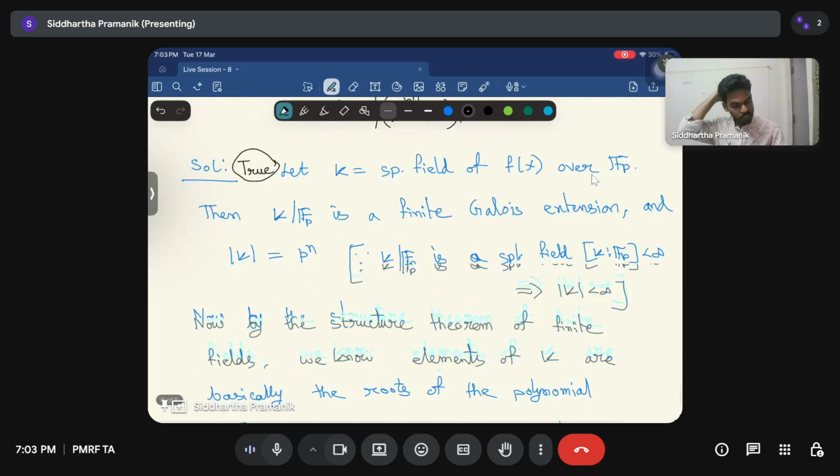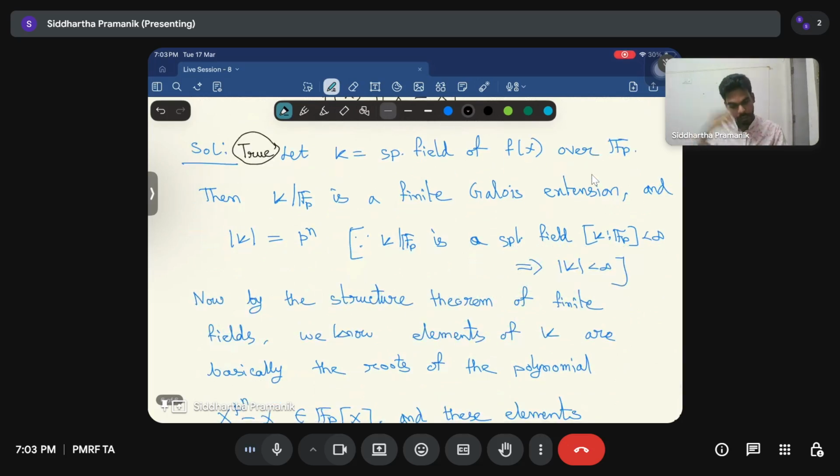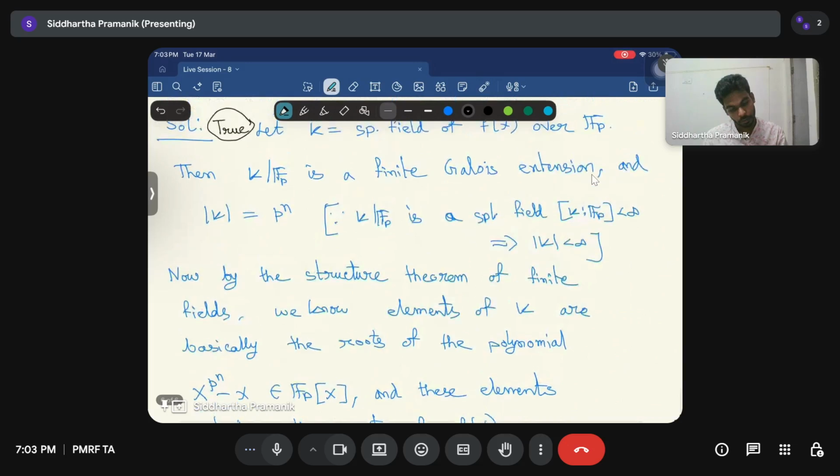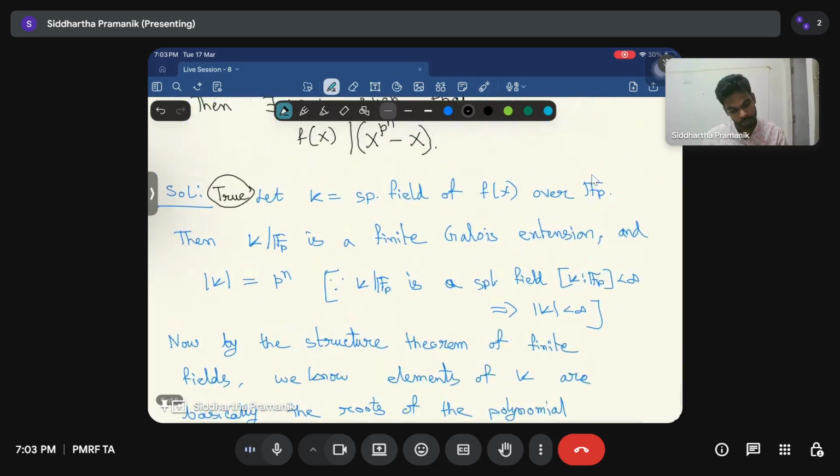So this is just by using the Galois. So do we need Galois extension? We don't need Galois extension. We just need that it's a splitting field, so we just need it's a finite extension.